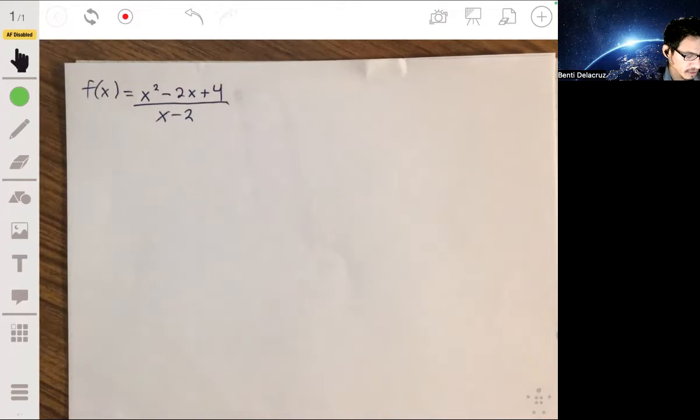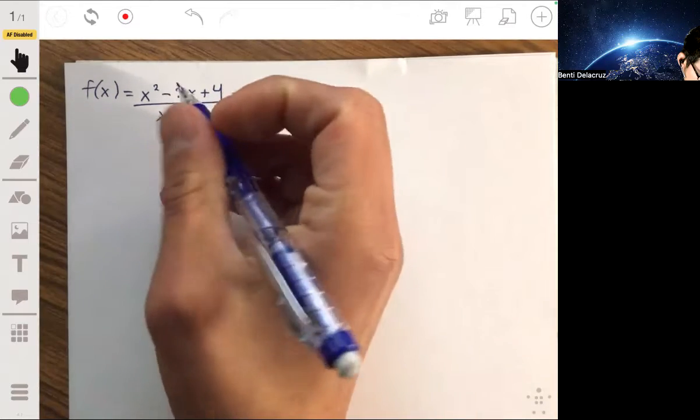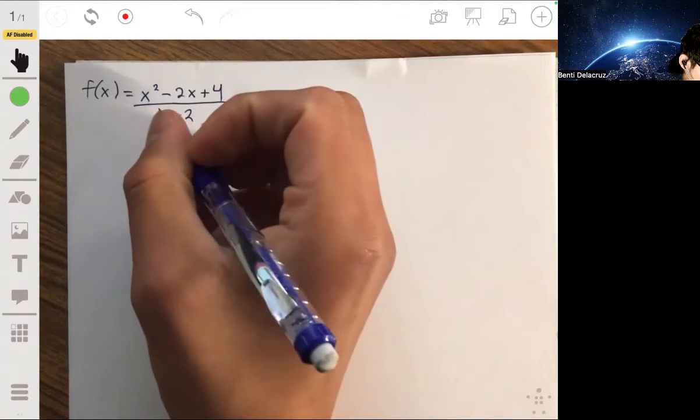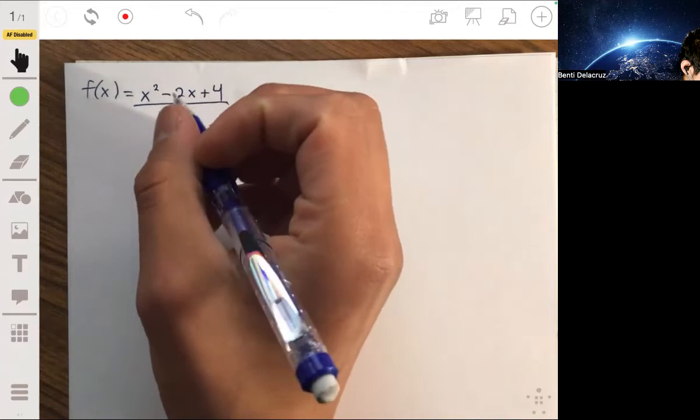So let's start off by calculating the derivative, and then finding the critical points and critical values of the derivative, and then find the second derivative and its critical points and critical values. Here we're going to need the quotient rule. I don't really like it, but here we go.